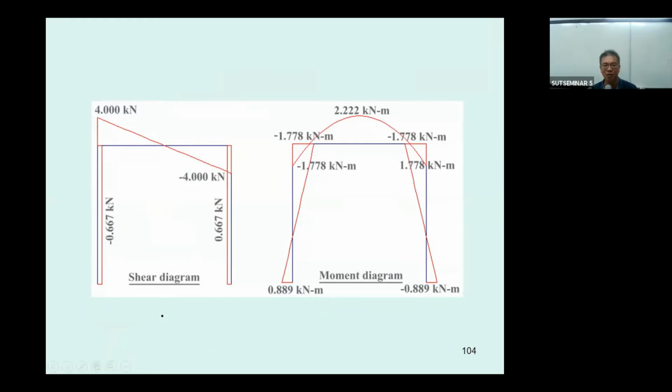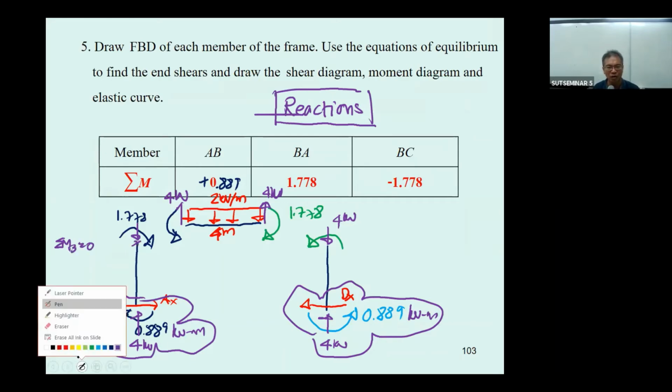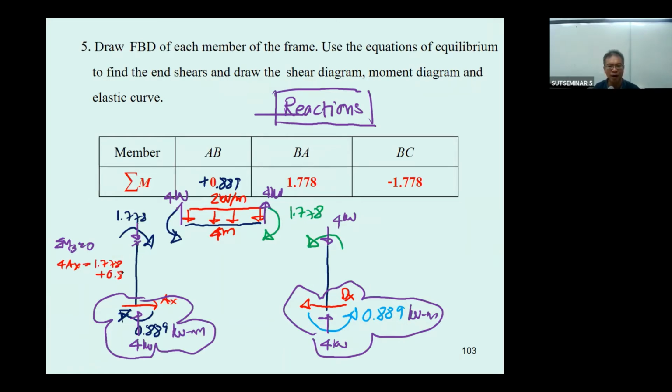And then for the A sub x, summation of the moment at B equal to 0, you will have for A sub x is equal to 1.778 plus 0.889.